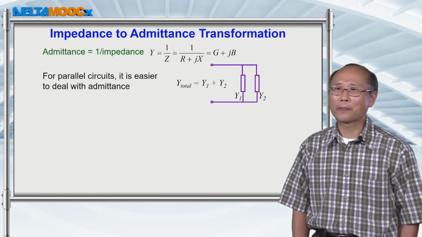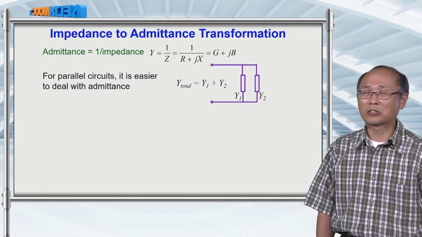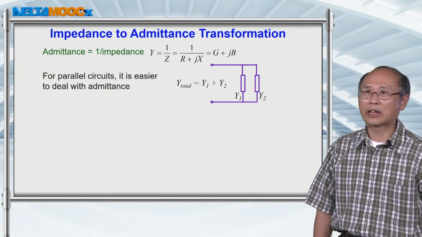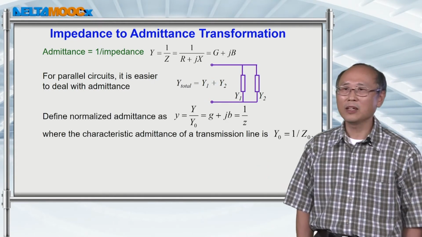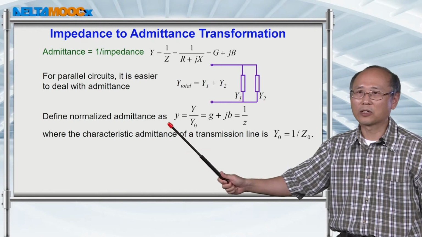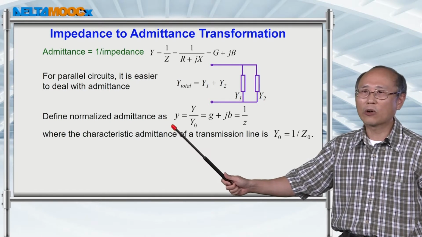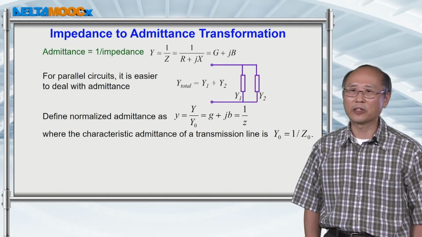And so sometimes we want to use admittance in studying transmission lines instead of using the impedance. And again, a chart should be created as a tool for all kinds of transmission lines with different characteristic impedance.